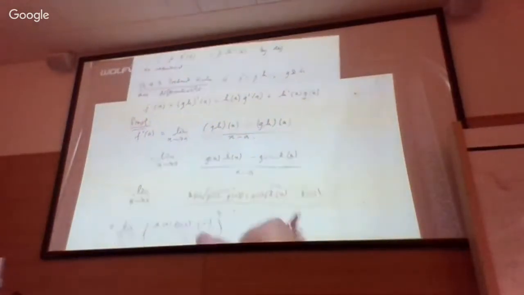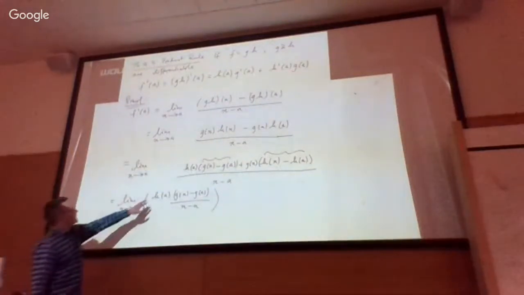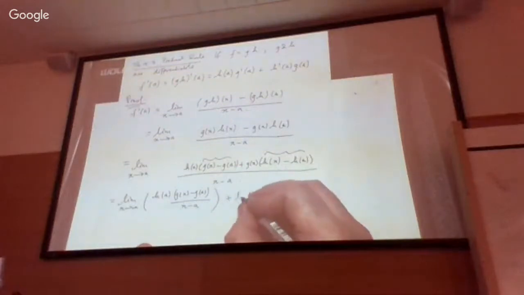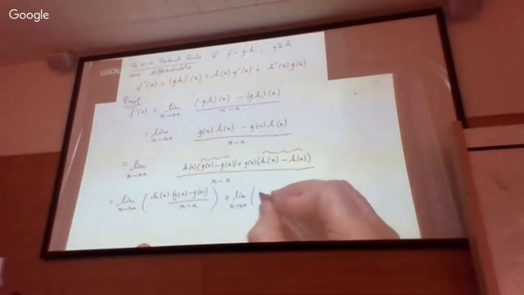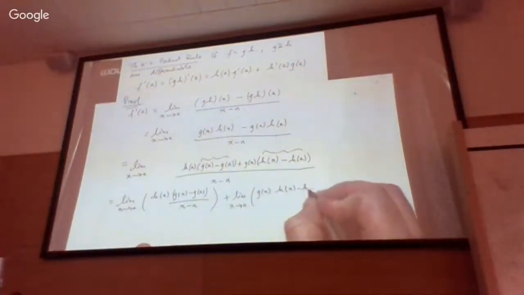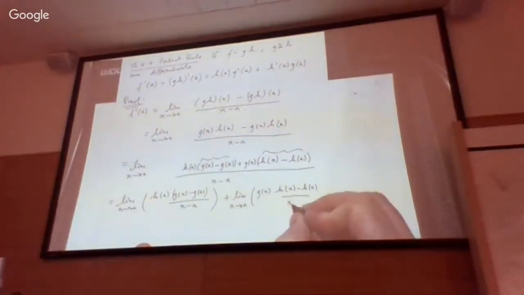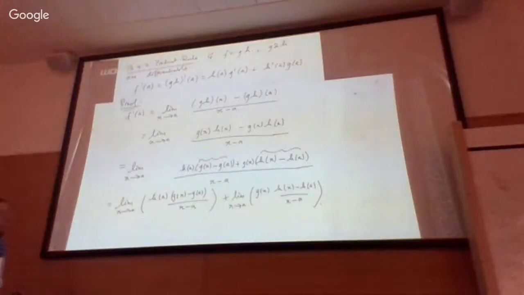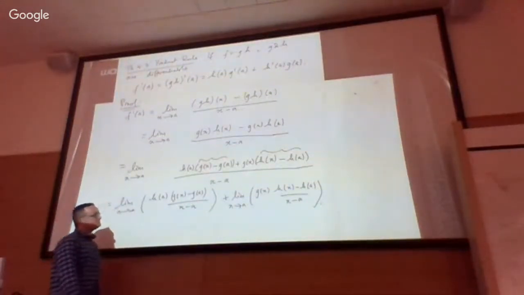So there's the derivative of g bit, and here's the h of a bit. That's good. The other term is a little different, because it's not g of a at the front there, it's g of x.